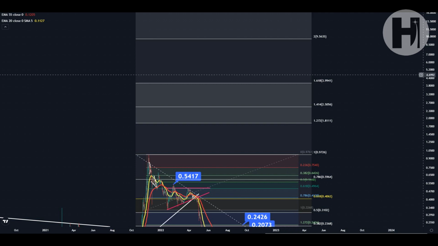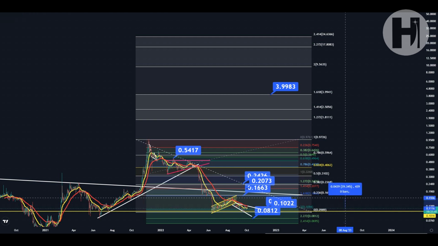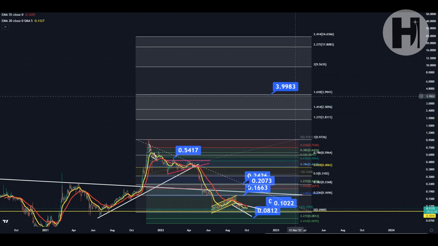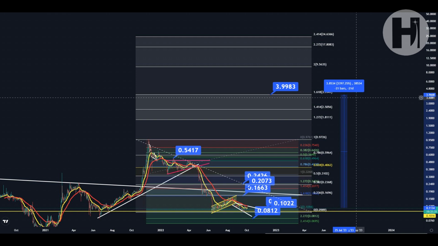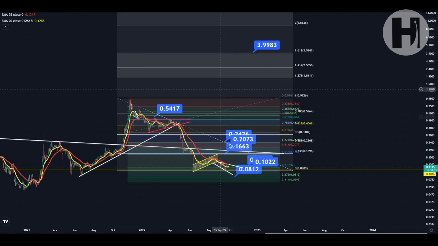So we have our 1.618 target here at $3.99, basically putting us at $4. So this is an incredible opportunity for you guys, and you usually retrace to the 1.618 after you break the first fib level. So from where we are right now, that is a 3,400% trade. I think that's an amazing possibility for everyone to make a bunch of money.